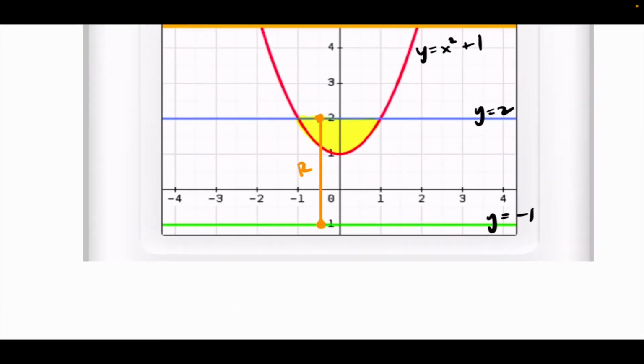Little r is going to extend from the bottom of the yellow, which is the red, to the axis of revolution. So that's going to be x squared plus 1 minus a negative 1.